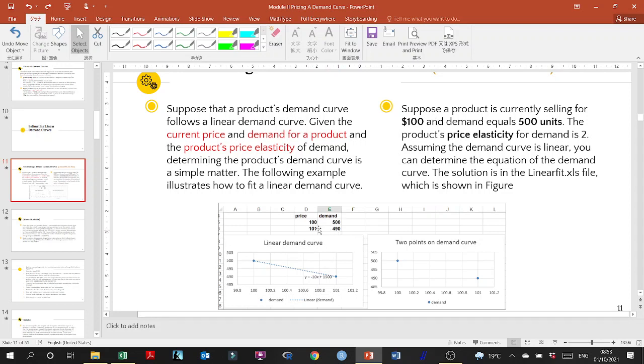But when you want to figure out these points, you will have to multiply 100 by 1 plus 0.01, which is increasing 1%. And over here it is multiplied by 1 minus 0.1, which is 10%.